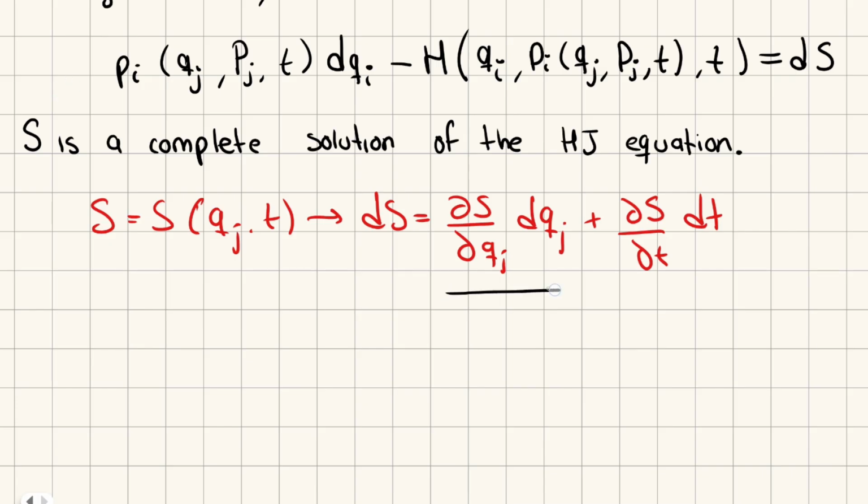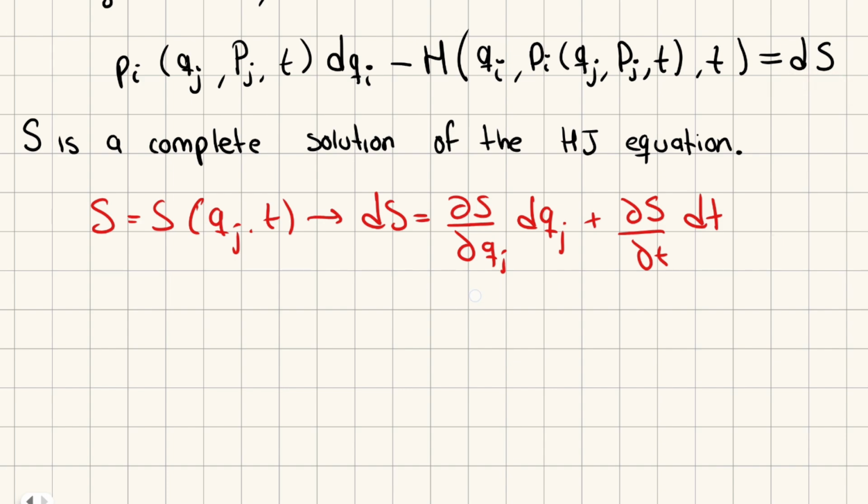So this first part corresponds to this first element of the equation. And then remember that we have been saying that the generating function S has to satisfy the equation that the partial of S with respect to time equals minus H. So that is exactly what we have here and here. So this is the total differential of S.